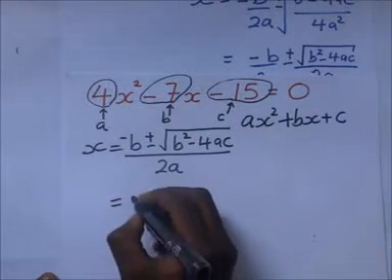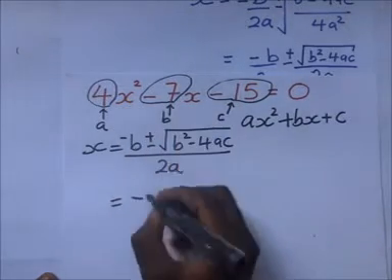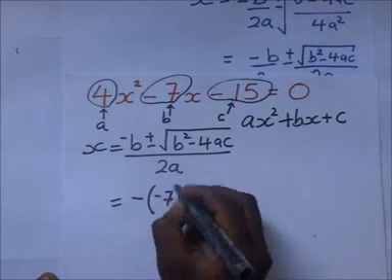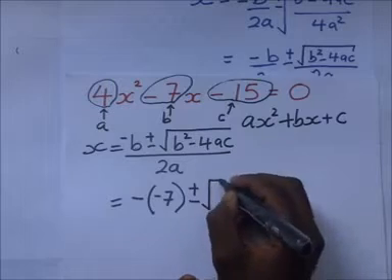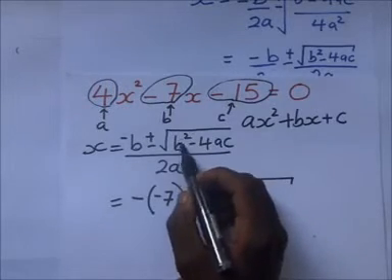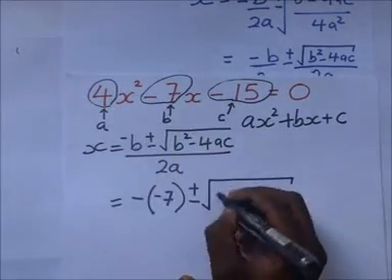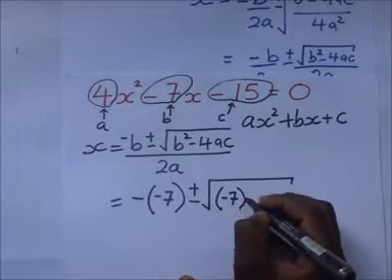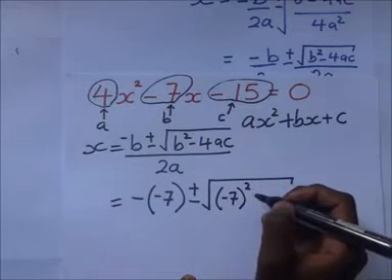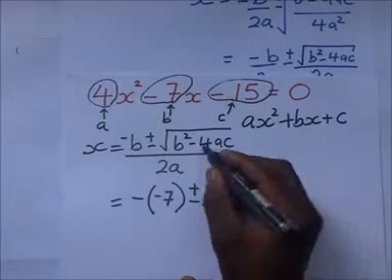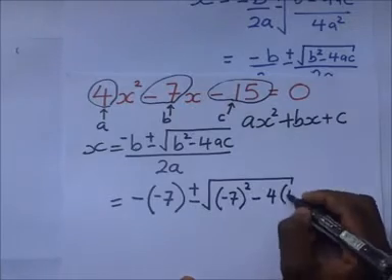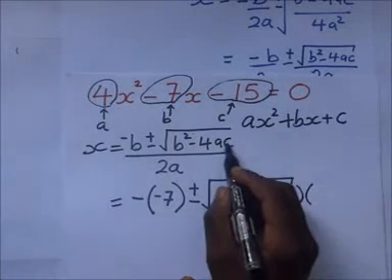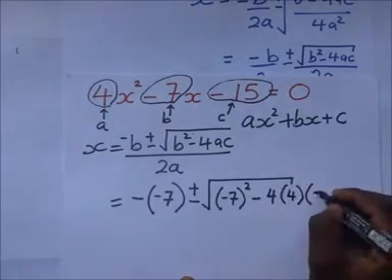Our value of b is negative 7, so negative b is 7, so it's 7 plus or minus the square root of b squared, our value of b is negative 7, so it's negative 7 squared minus 4 times our value of a, which is 4, times our value of c, which is negative 15.